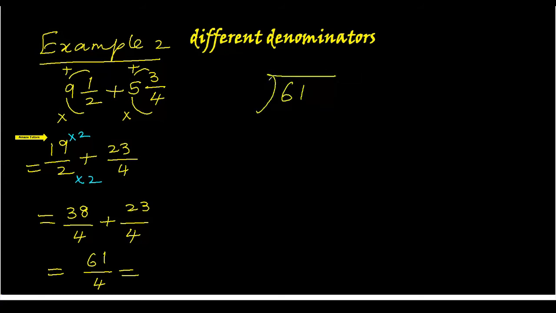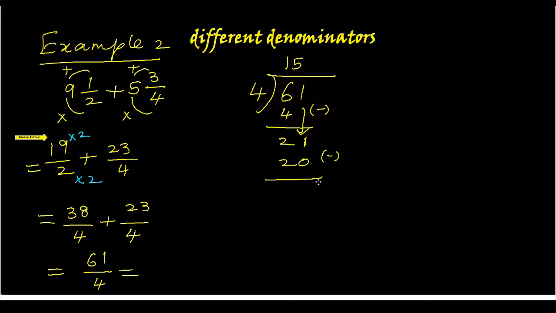Now, I hope you remember how to convert an improper fraction to a mixed number, the other way around. Use the normal division method. 1 4 is 4. Take away, 6 minus 4 is 2. Bring down the 1, 21. Now how many 4s in 21? 5 4s, obviously. 5 4s are 20.